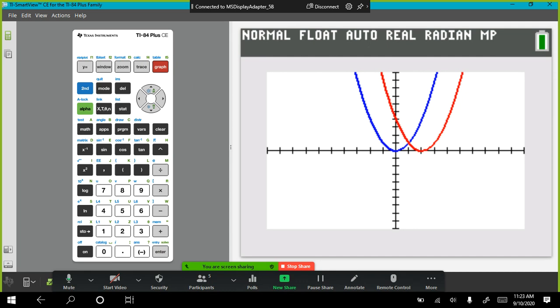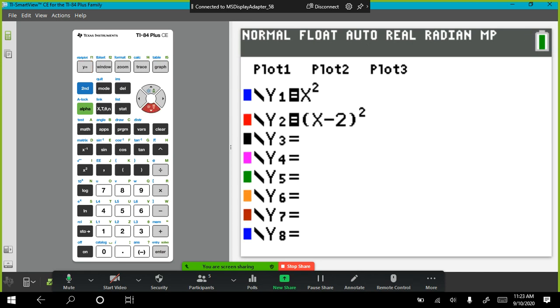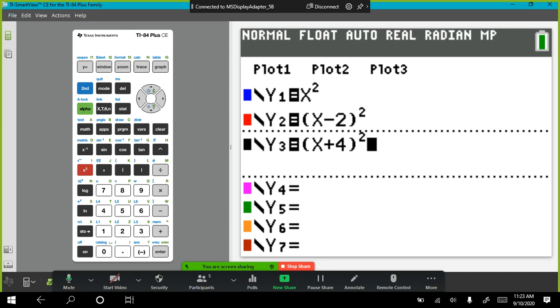So we should be able to figure out what happens if I change this to x plus 4, squared. Minus 2 shifted it to the right 2.